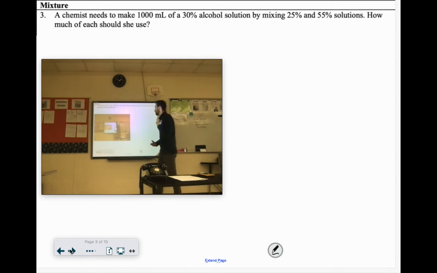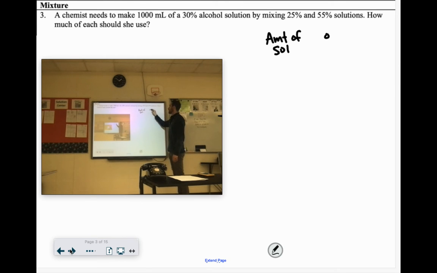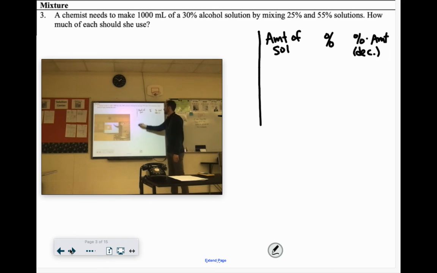So here's what I like to do for my charts with these mixture problems. I put a column for the amount of solution. I have the percent of that solution, and then I have the percent times the amount, but I do it in decimal form. Those are my three columns.